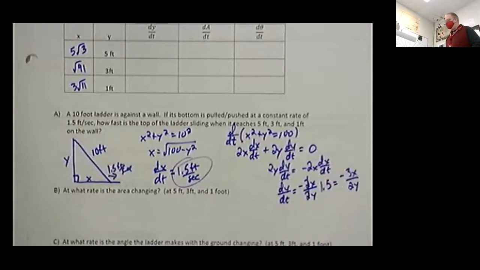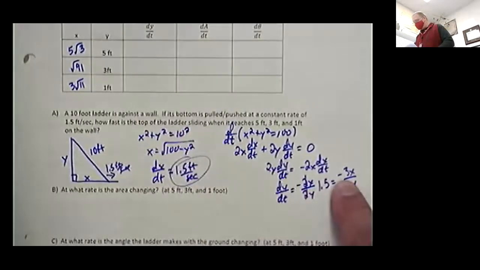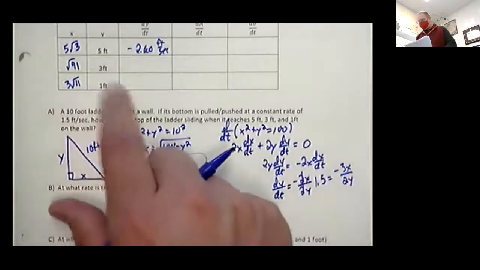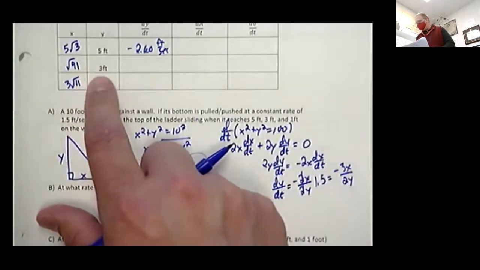For that, we're just going to plug in numbers. And so for our first box, we want negative 3 times 5 root 3 divided by 2 times 5. And that should get you a negative 2.60 feet per second. And for the next one, we're going to use 3 and root 91. So negative 3 times root 91 divided by 2 times 3.